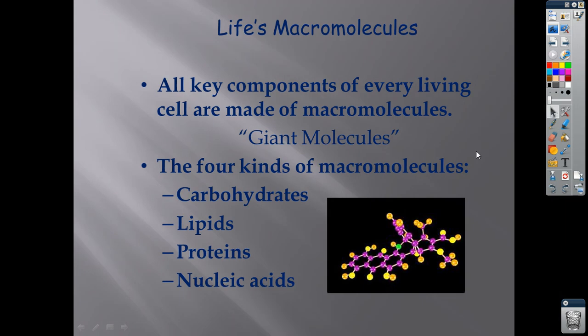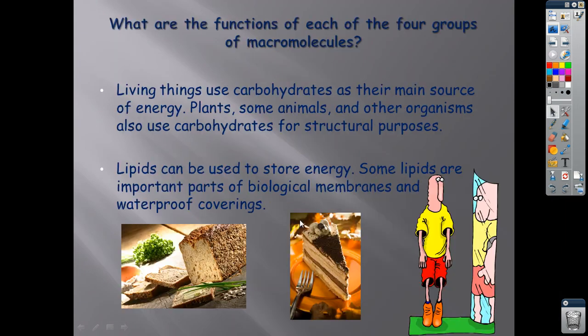Okay, so let's continue and talk now about carbs. We talked about how carbs are our sugar. That means sugar usually gives us what? Sugar usually always gives us what we refer to as usable energy. So living things basically use carbs as their main source of energy.